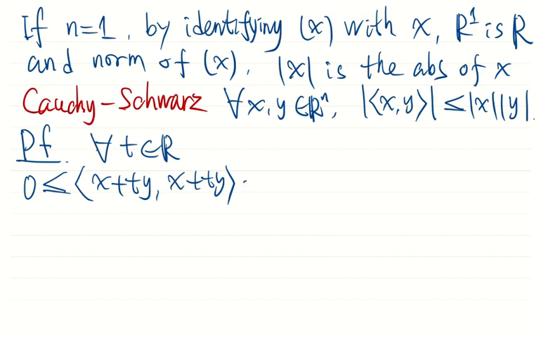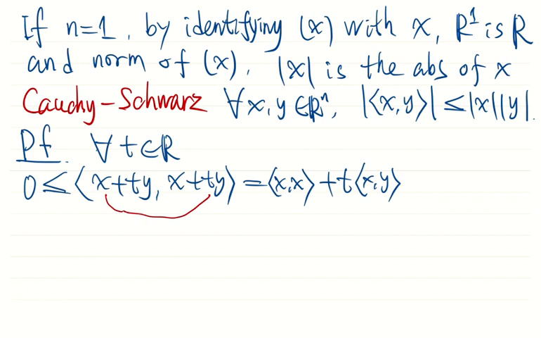This will be xx plus, using the linearity over the second variable, the scalar product of x and ty, which is t xy.